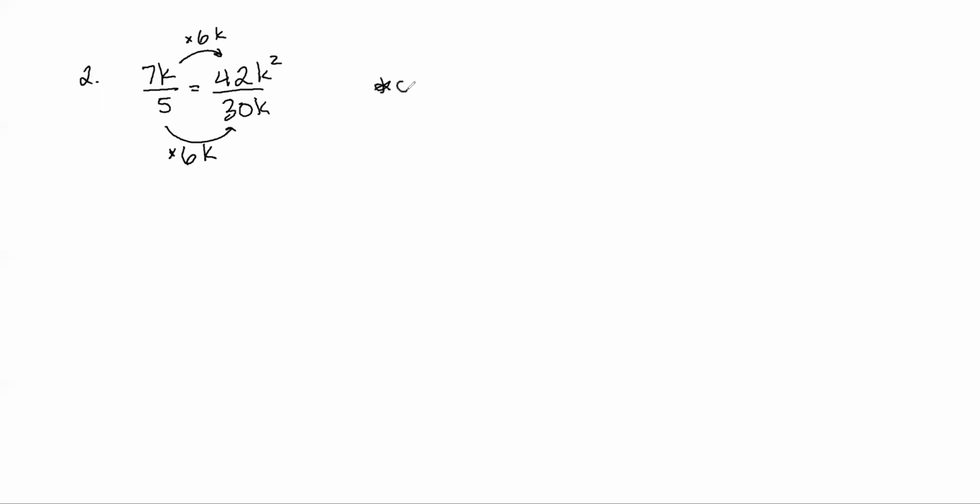Now, if I wanted to check my answer, how would I do that? Well, if we look at the fraction that we ended up with and the one that we started with, we should be able to reduce this down and end up with what we started the problem with. So 42 divided by 30, well, 6 is going to go into both of these. 6 goes into 42 7 times, so that's good. 6 goes into 30 5 times.